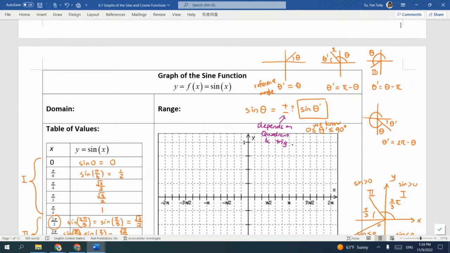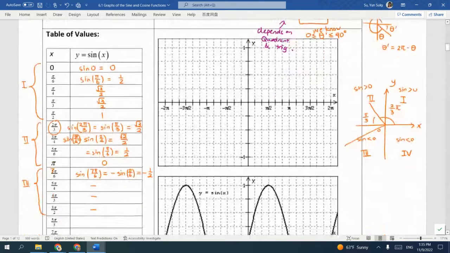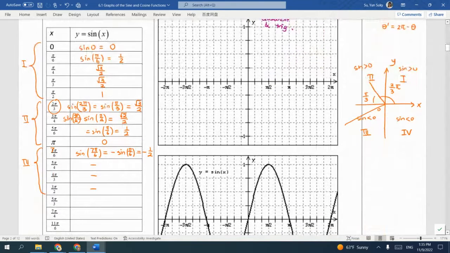Tangent: positive, negative, positive, negative. Right, everybody? Do you remember that? Last class we talked about the reference angle and the trig functions. Okay. So 5 pi over 4, what's the reference angle?